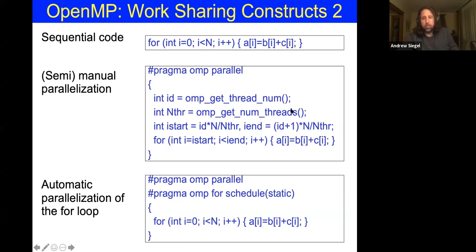You could say, give me the total number of threads, and you could do the index start, the index end, just like we did with P threads. Not quite as much work, but the same basic calculation. Then you could say, okay, I want to go from my start to my end and add my piece of the index space. This is a really simple example because everyone is writing to their own memory buffer, right? You're not sharing memory between threads, so it's always an easy example.